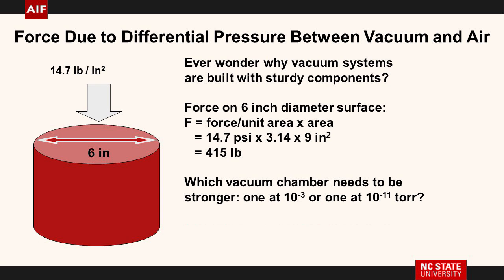All right, so trick question. Which one has to be stronger, 10 to the minus 3 torr or 10 to the minus 11 torr? Any guesses? Once you've got to 10 to the minus 3 torr, there's essentially no difference between that and 10 to the minus 11 that you can physically measure.